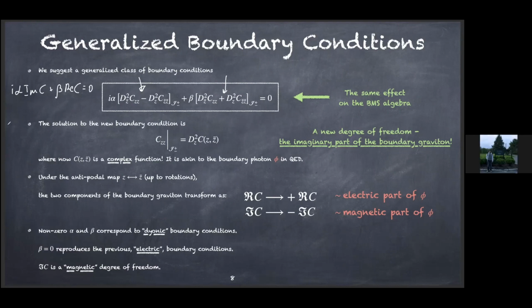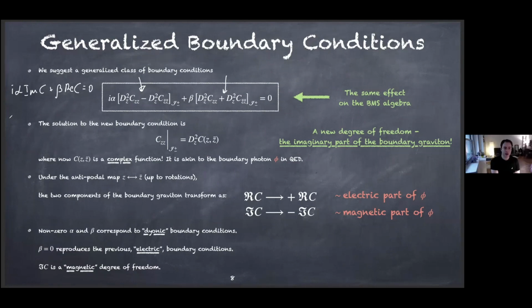Okay, I understand. So the imaginary part of C is not an independent degree of freedom. It's related to the real part. It is related once you impose some boundary conditions, yes. But you are free, the coefficients alpha and beta are arbitrary. You are free to choose them, and you are right that once you choose them, they are not independent anymore. Okay, of course. Are alpha and beta constant on the celestial sphere?